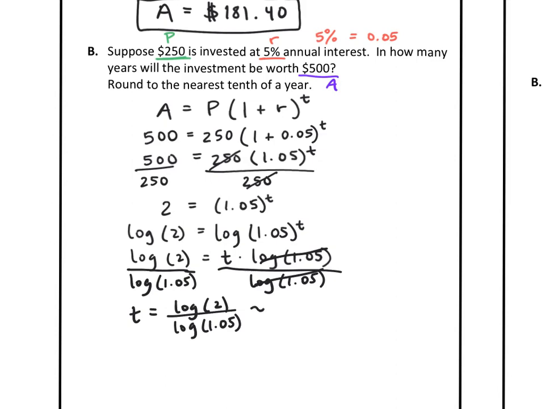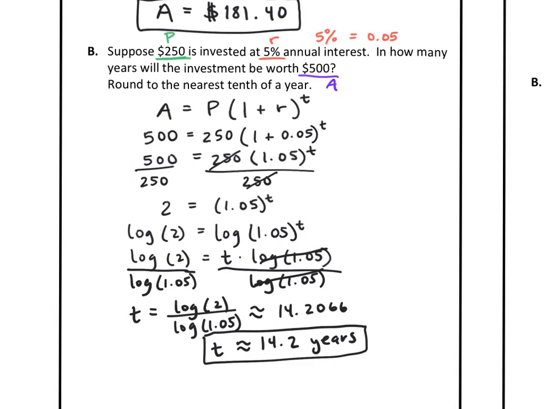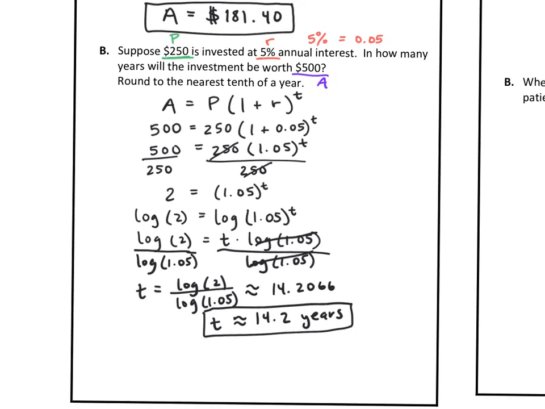Which, if you plug this in the calculator, will approximately give you 14.2066. And the problem said round to the nearest tenth of a year. So my final answer is going to be that t is approximately 14.2 years.